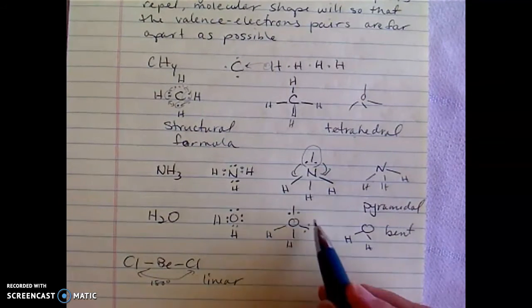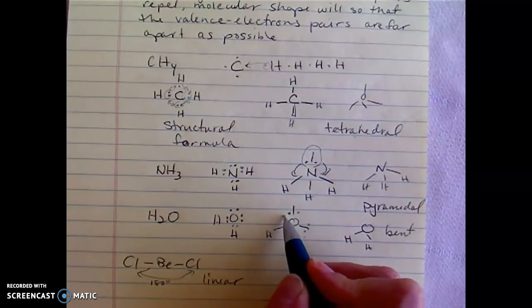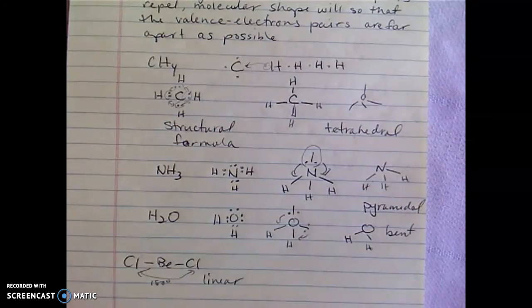This one becomes bent because you have 2 lone pairs that are pushing down on your hydrogen. This is going to affect what we call polarity. So when we go to look at polarity, we'll understand why some atoms can attract to each other and some cannot because of their shape. All right. Now there are a lot of other shapes, but these are the most common ones that we will be seeing.